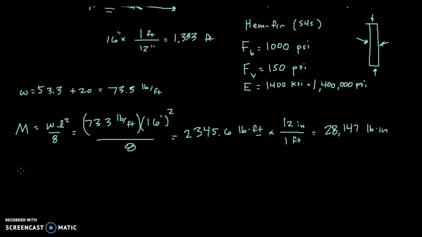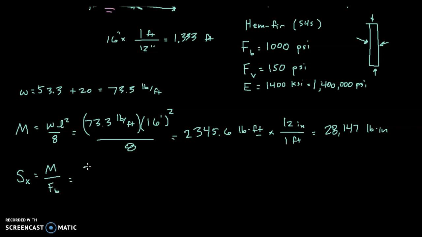So now we can determine what section modulus we need to resist that. Section modulus is equal to the moment divided by the allowable bending stress.